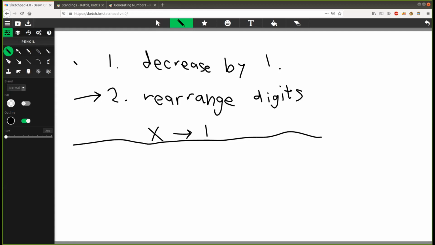So we always have to decrease the number of digits by the first type of operation. But in order to decrease the number of digits by 1, it has to be from a power of 10, right?